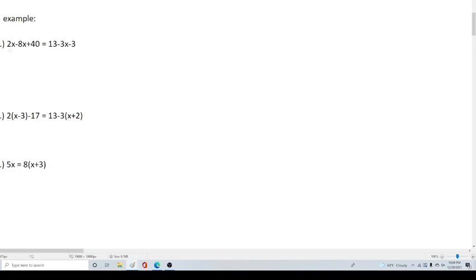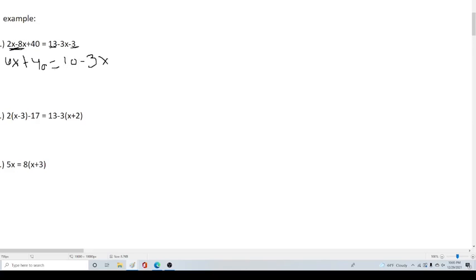So we're going to combine like terms on both sides. 2x minus 8x, that's going to be 6x, plus 40 is going to be equal to 13 minus 3 is 10, 10 minus 3x.